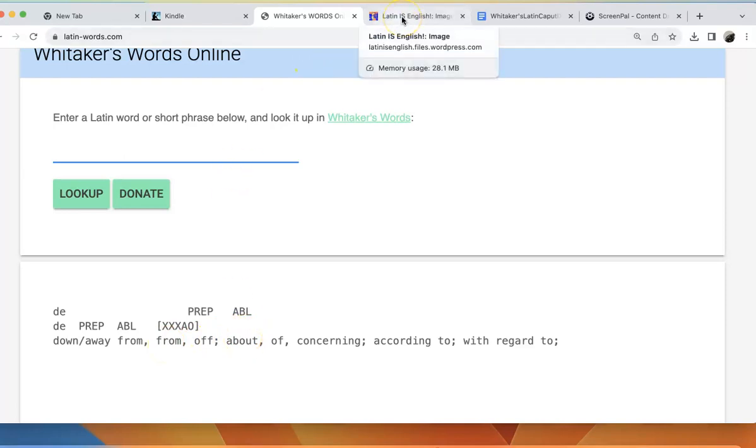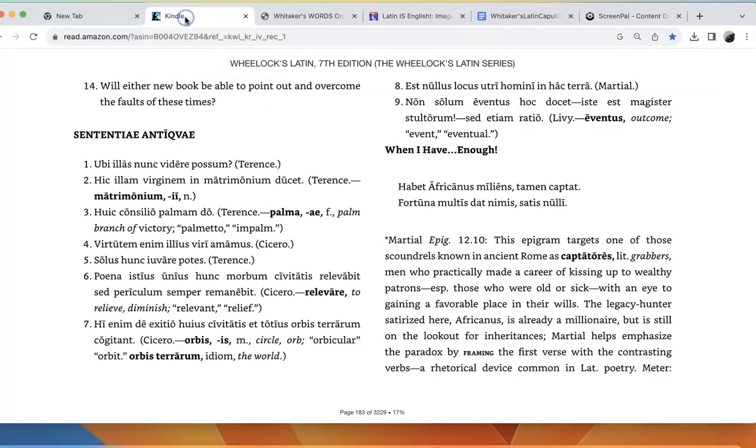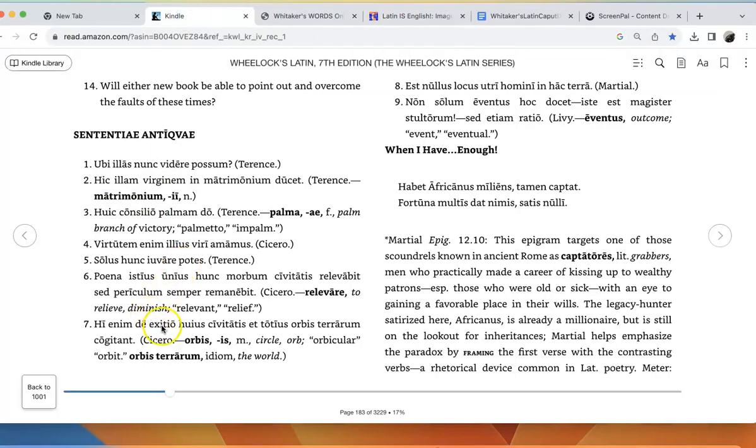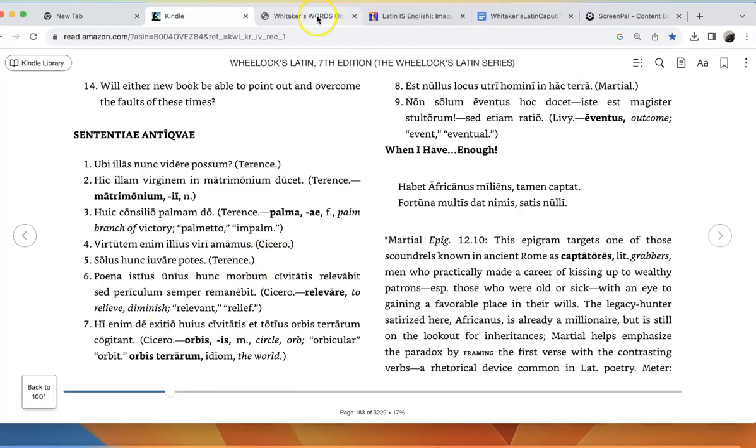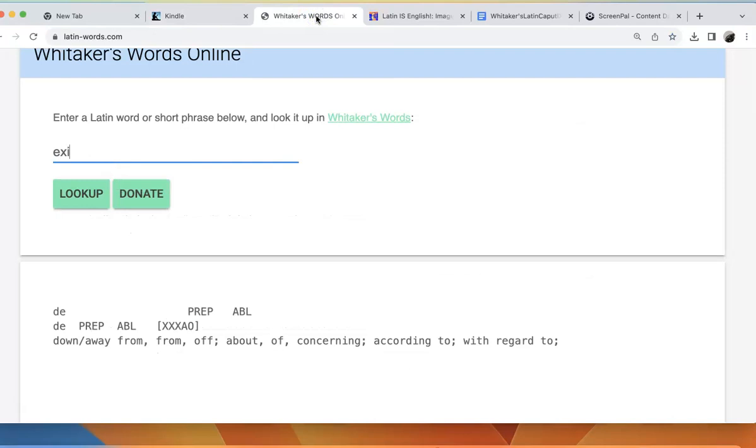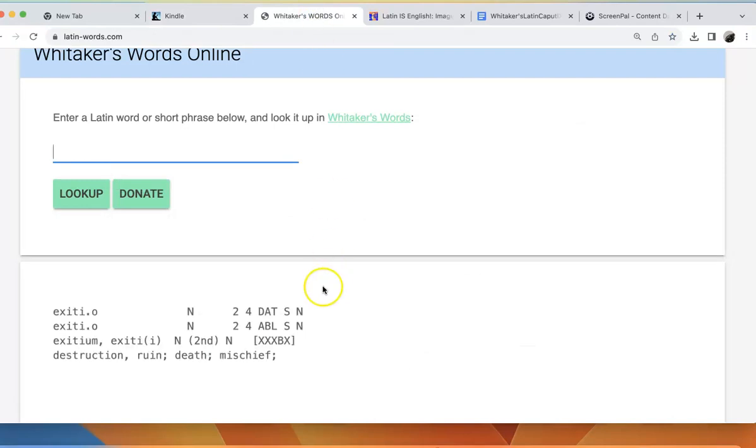So if we go back to our example, and then exitio, we had on the test, it means literally the extinction or death. Exitio, let's look this one up. This one actually could mean a couple of things, but yeah, so ruin or destruction. So you can choose, mischief probably is not the right word.